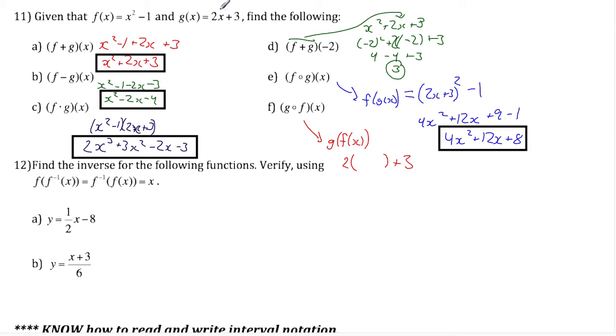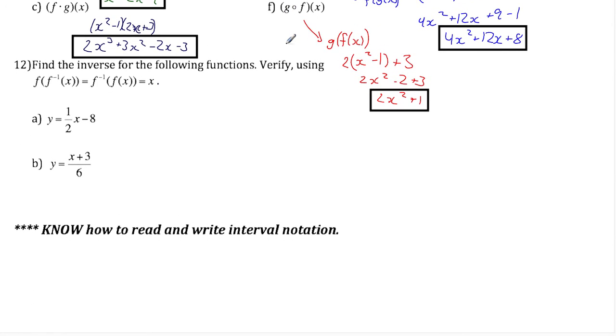So the g function is 2x plus 3. It's 2 blank plus 3. We put in the value of x there. So we're going to get 2x squared minus 2 plus 3, which is 2x squared plus 1. Nothing else to do, so we're done. That's it.